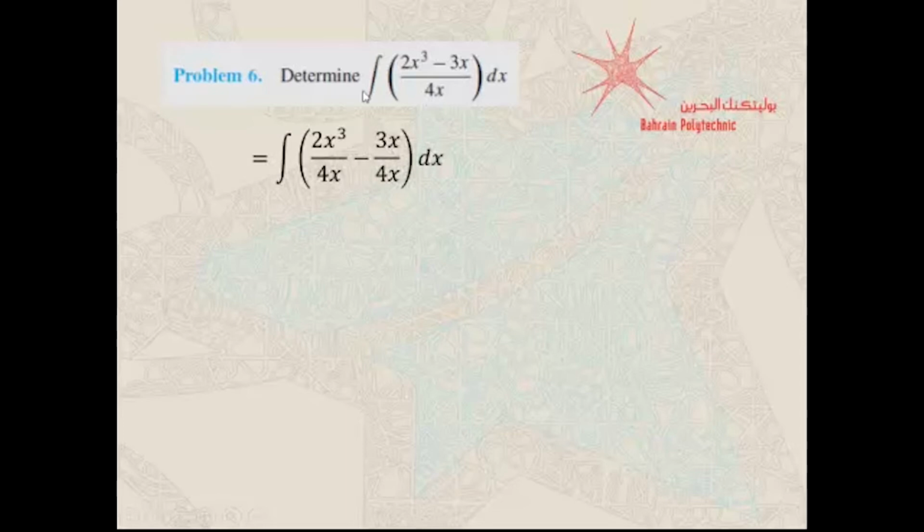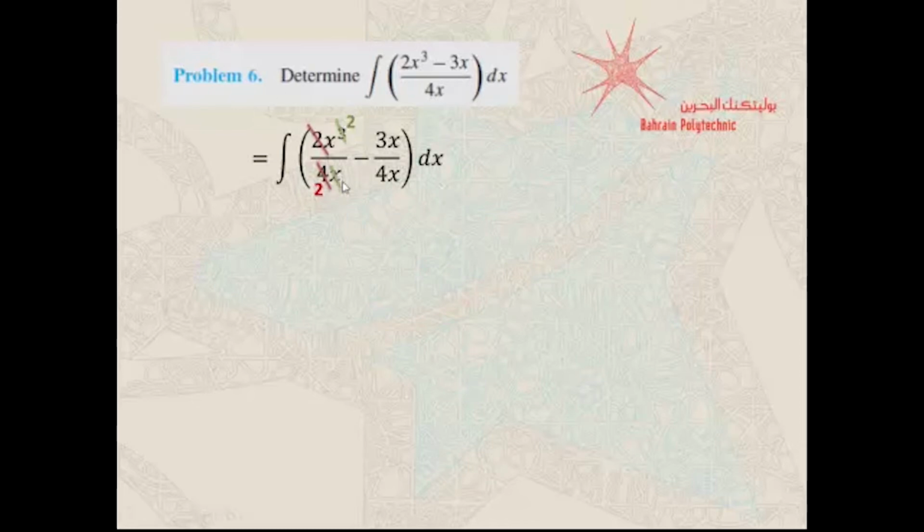This is the same as the integral of 2x to the 3 over 4x, and then minus 3x over 4x. You can see that I can do some simplification right here. Over the 2, this is 1. Over the 4, this is 2. And then you do the same thing with the x's.